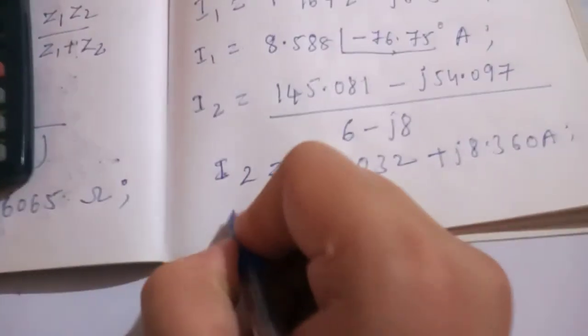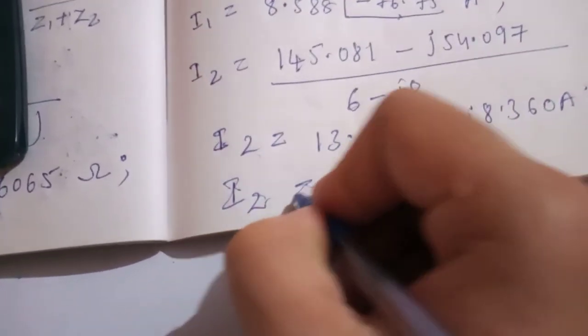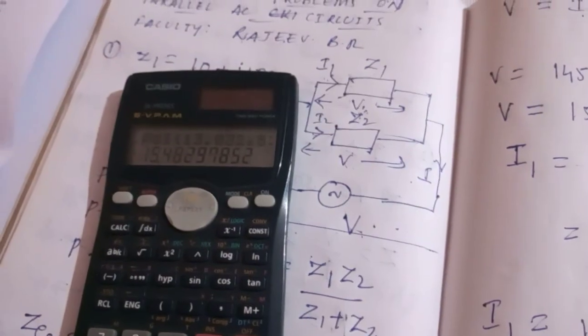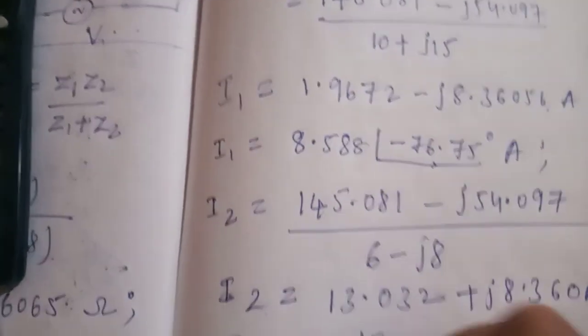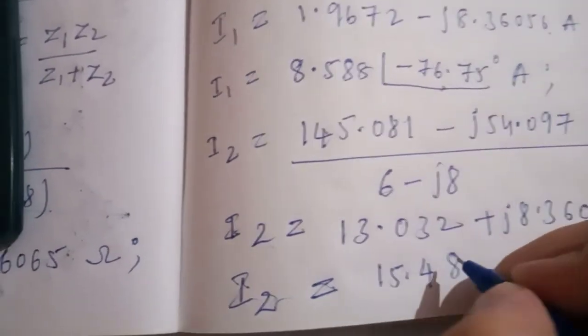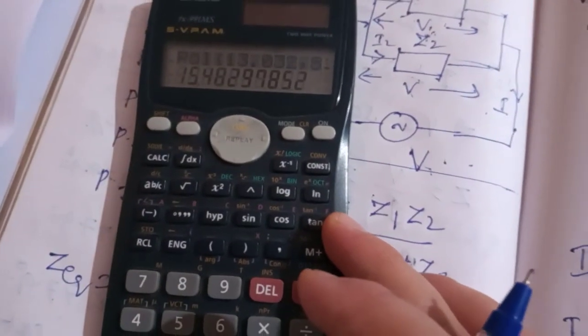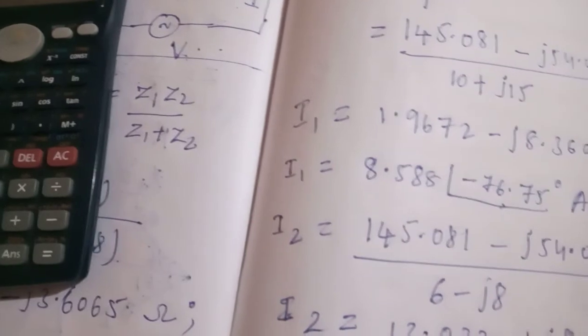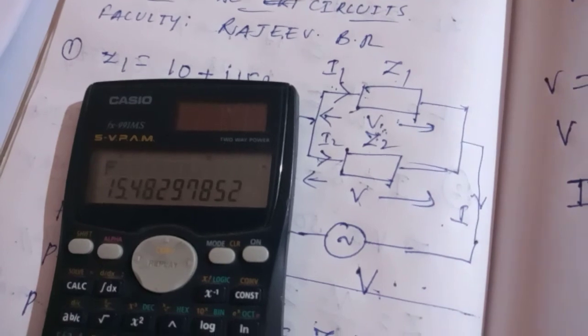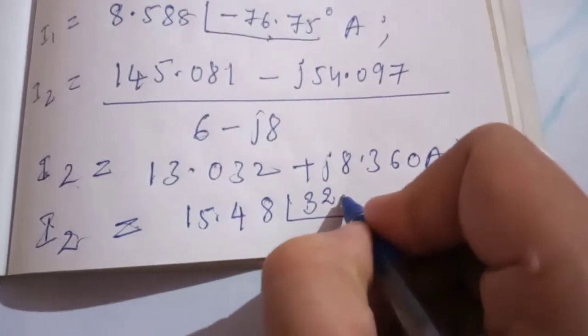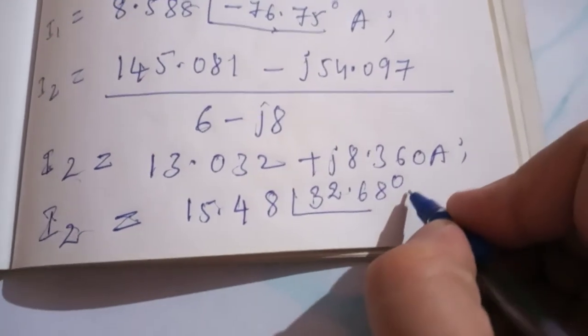So if you convert this into polar form, the answer is 15.48 at an angle of 32.68 degree amperes. These are I1 and I2.